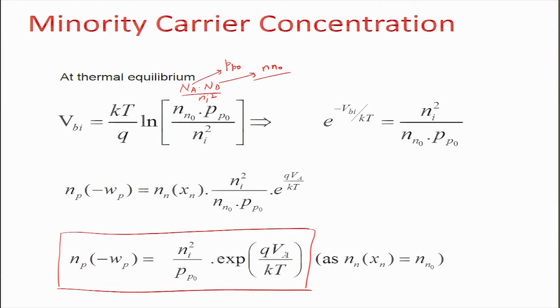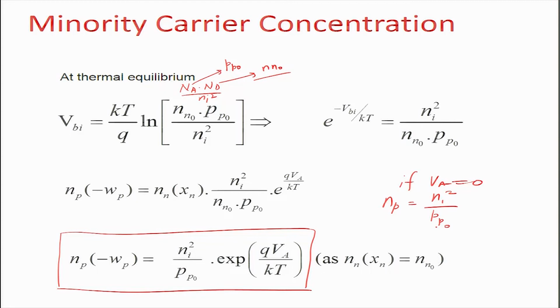Suppose Va was equal to 0, then this will be equal to 1, and what you get is Np is equal to ni square divided by Pp0, which is the minority carrier concentration in a normal n or p type semiconductor. Similarly, if you do it for holes, you will get the same answer. Okay.